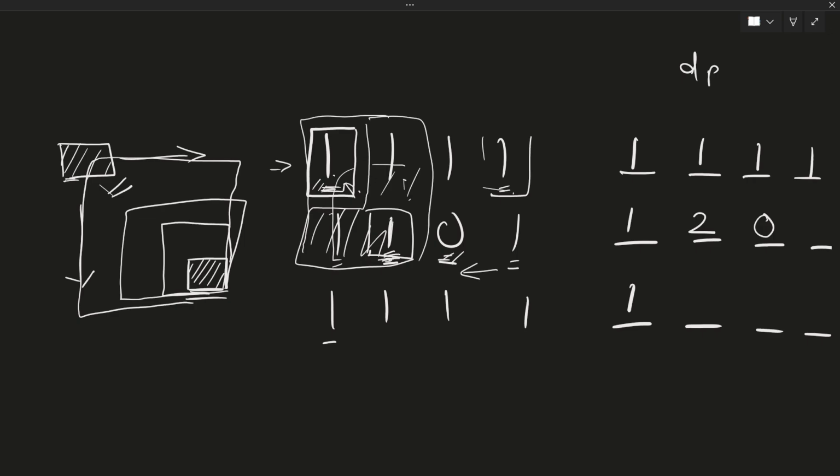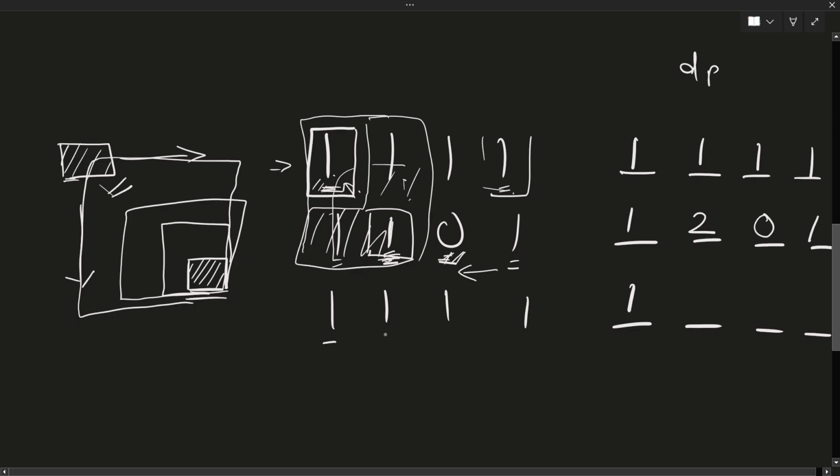In the left part we cannot form any square such that this is the bottom right corner, as it is 0, and hence we did not need to check the diagonal part, and we can simply copy the value as it is, which is 1.